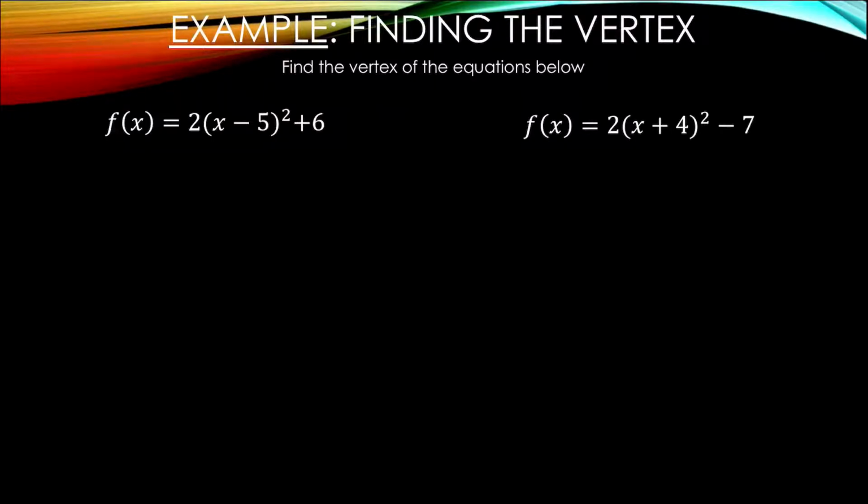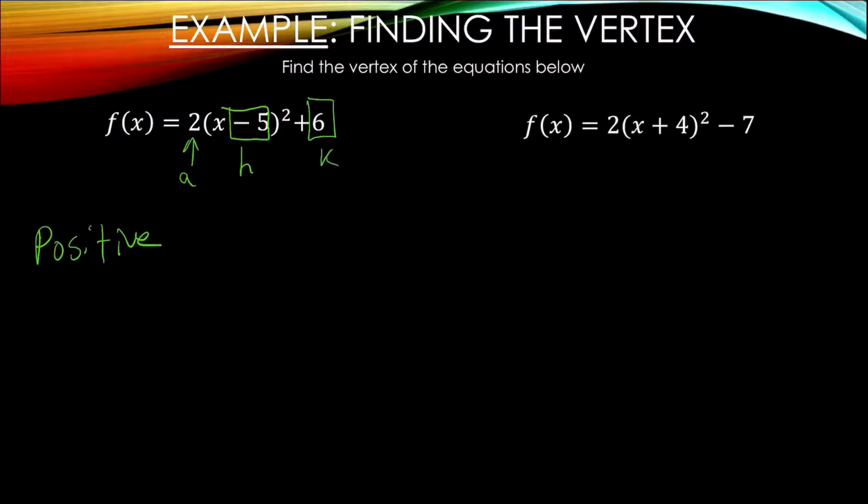Okay, so let's see how we're going to use this. Find the vertex of the following equations. If I notice right here, there's my H value, there's my K value, and there's my A value. So just by this, we can tell a lot of things. We know that it's positive. I know it did not ask us to determine if it's positive or negative yet, but we're going to. It's positive.